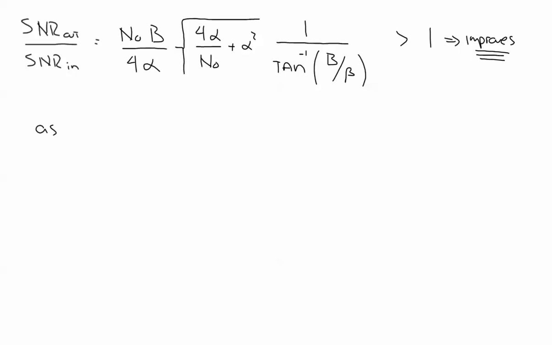All right. As my bandwidth of interest increases, or another way of saying it is my bandwidth approaches infinity, my arctangent function becomes pi over 2.